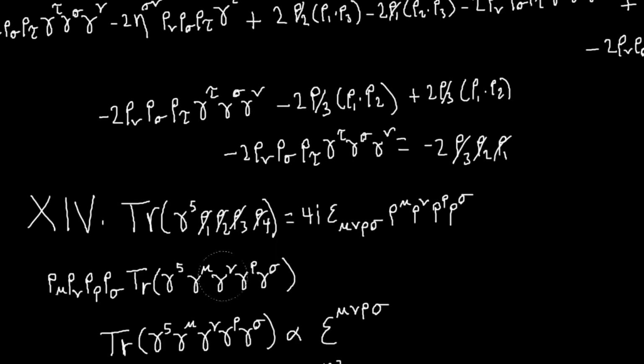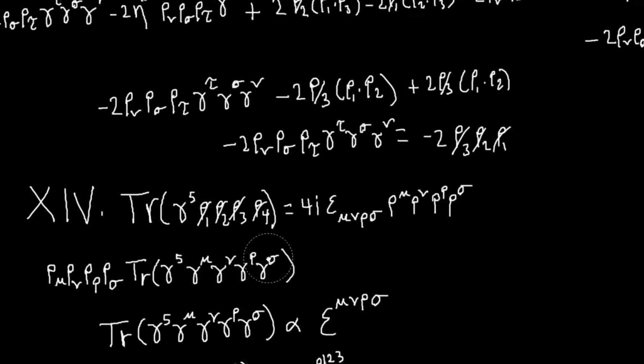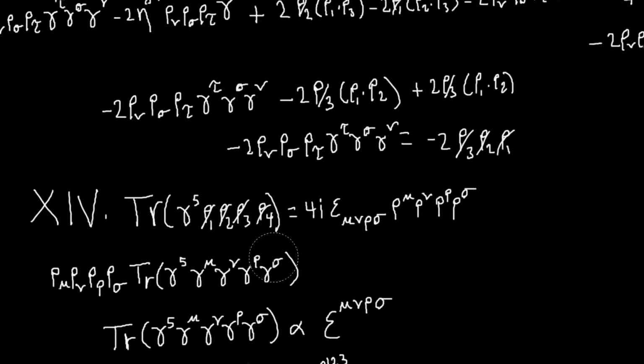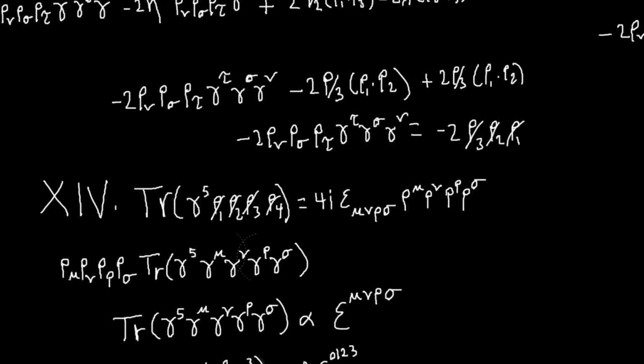So that's that case. But in the case where these are all different, so for example 0, 1, 2, and 3, then we couldn't do that. But in that case, since they're all different, they all anti-commute. So if we cyclically permute these things, or anti-commute them, we get a minus sign.